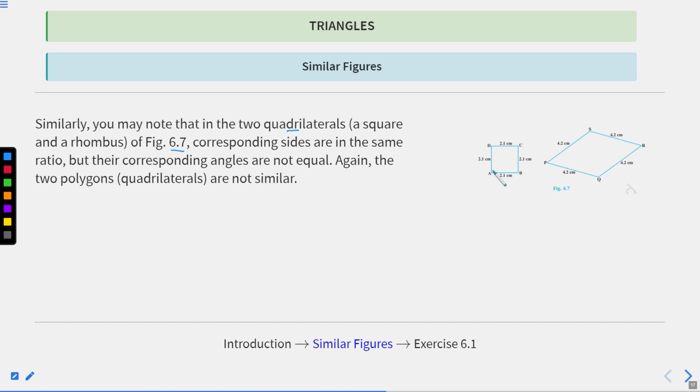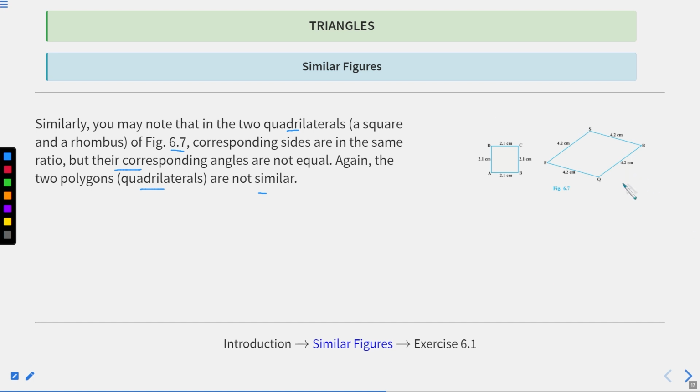The corresponding sides are 2.1 centimeters and 4.2 centimeters, so the ratio of corresponding sides is 1:1. So corresponding sides are in the same ratio, but their corresponding angles are not equal. Again, these two polygons are not similar.